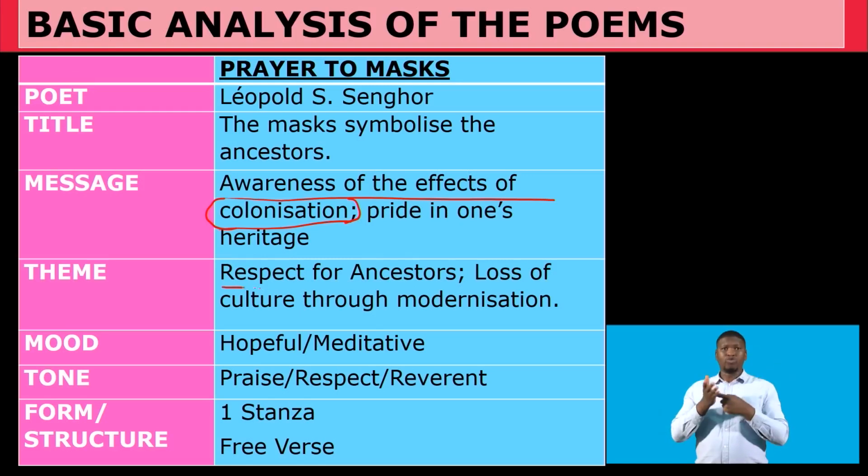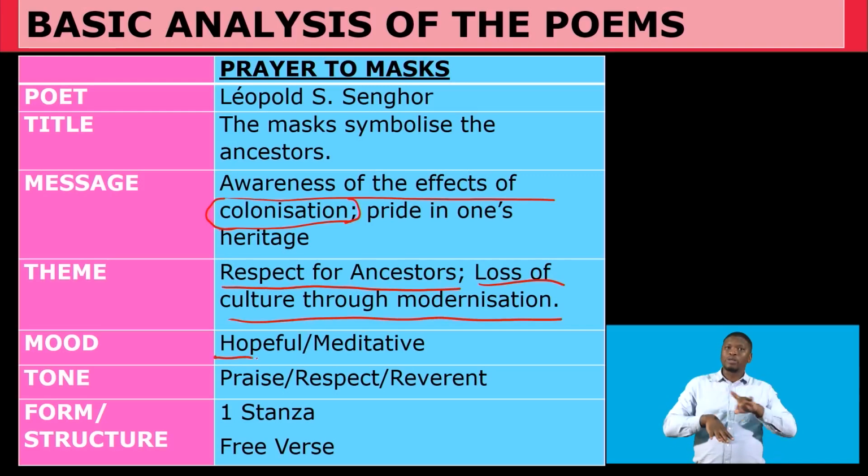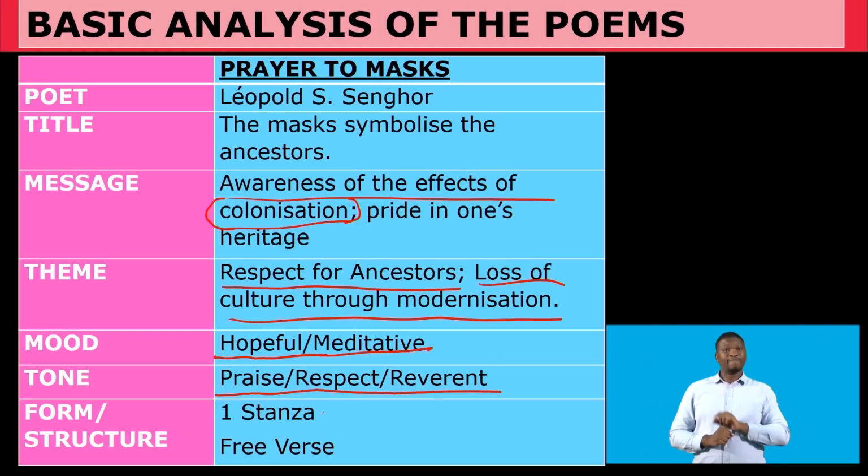The theme shows respect for ancestors and the loss of culture through modernization. The mood would be hopeful and meditative. The tone is one of respect, praise, and reverence. Remember, reverence means utmost respect. The form has one stanza and is written in free verse.